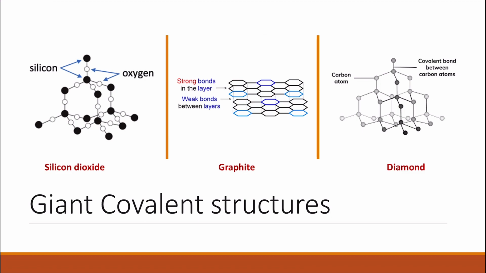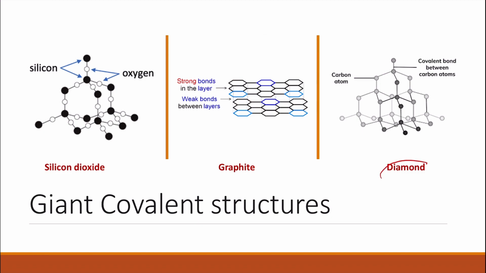That means that in order to melt this structure, we will call it structure rather than compound, you would need a very high temperature to overcome the very strong covalent bonding between the atoms.